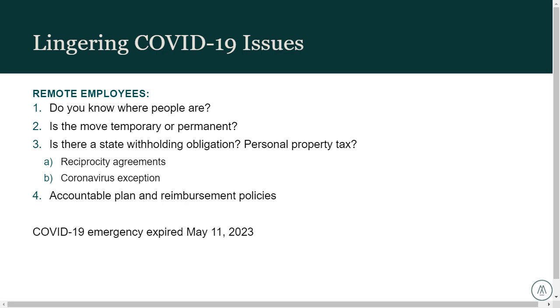How is the convenience of the employer rule used to determine travel reimbursements and its taxability? What are the options for providing home office equipment? How can you reimburse home office expenses such as phone and internet? So a lot of things to continue to keep in mind.